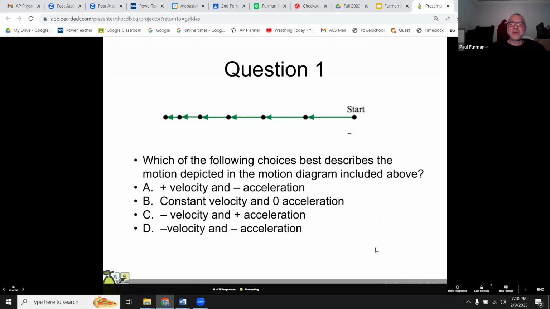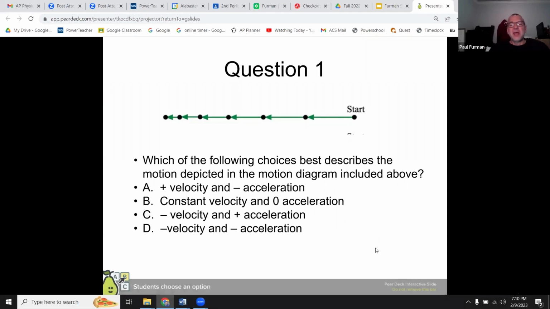It might seem counterintuitive: wait, how can it have a positive acceleration? When it comes to velocity and acceleration, you can have every possible combination: positive velocity, positive acceleration, negative velocity, negative acceleration, or a mixture: positive velocity, negative acceleration, or negative velocity, positive acceleration.